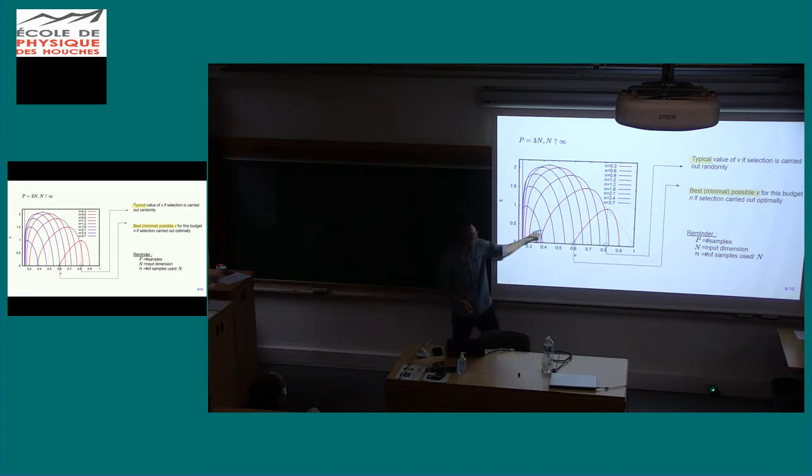As you can see, there's lots of ways that I have to select this 10% so that I have a Gardner volume of 0.8. If I want a smaller Gardner volume, that is less entropy, that is more information, that is better generalization, I have to select this 10% in a smarter way. And of course, there are fewer ways to do so, and that's why if you're asking for smaller V's, this complexity is decreasing.